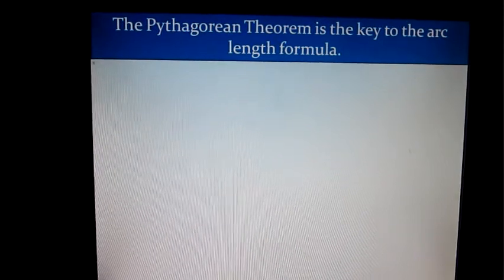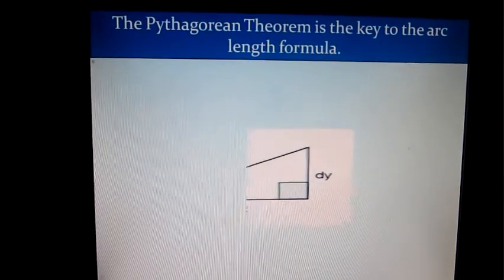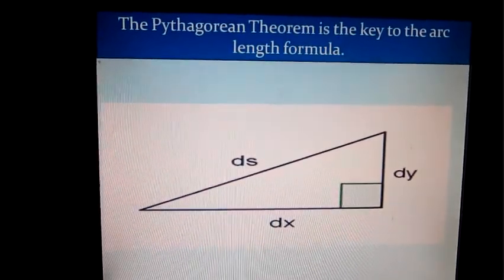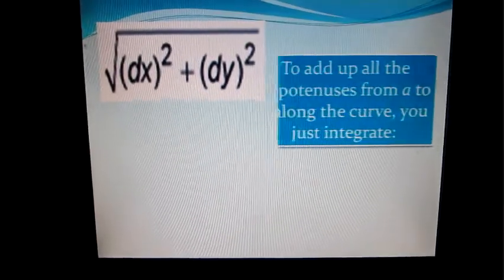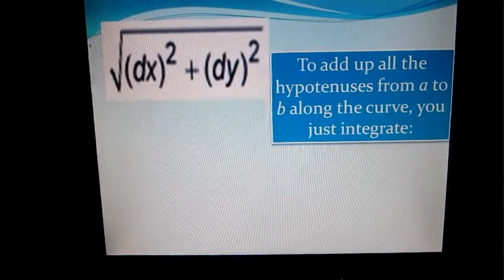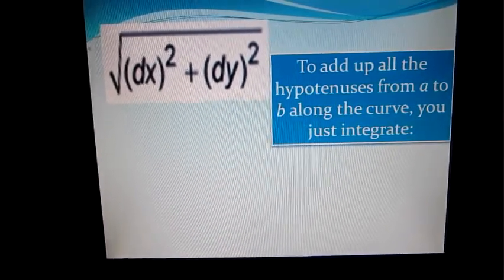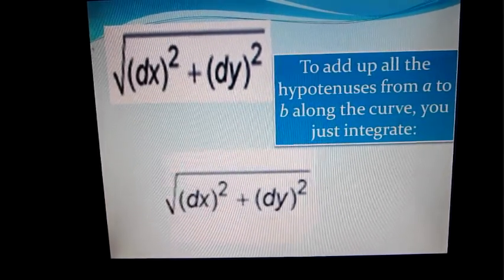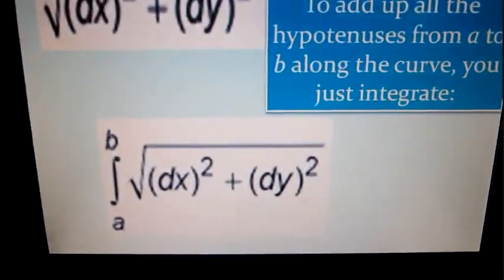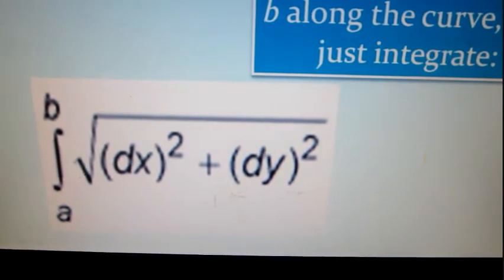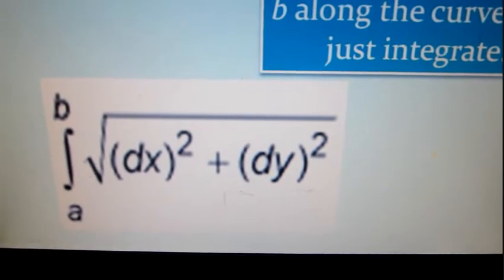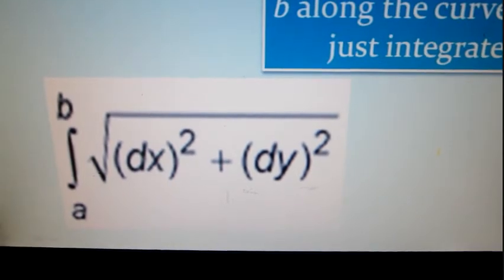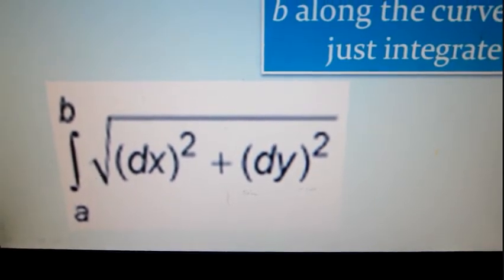Remember that the Pythagorean theorem is the key to the arc length formula. To add up all the hypotenuses from A to B along the curve, you must integrate. But first, you got to tweak this a bit to produce the formula for arc length.